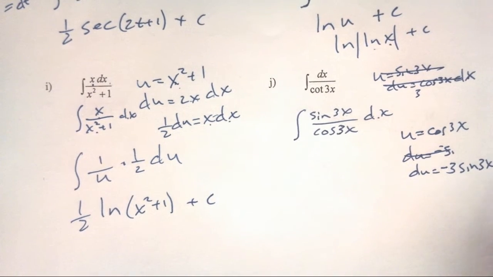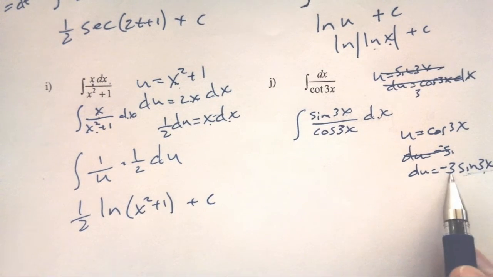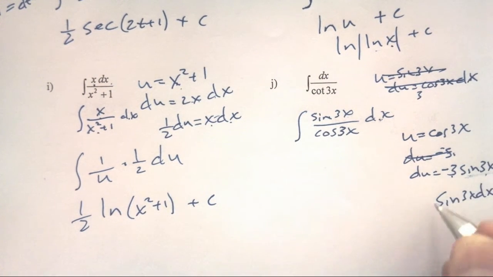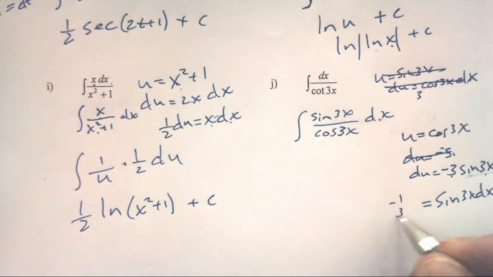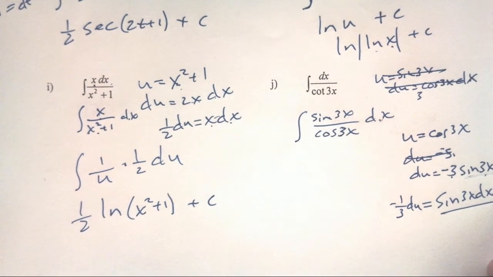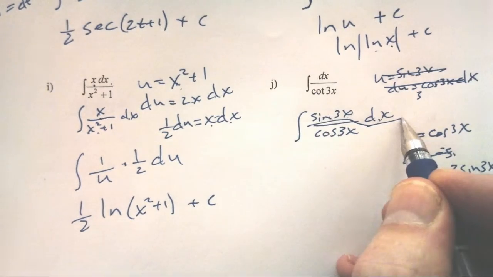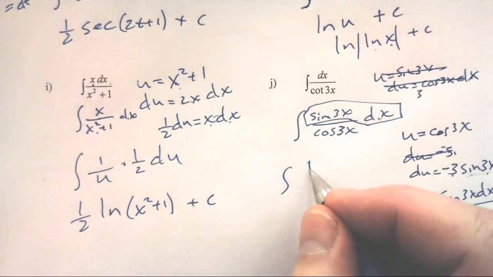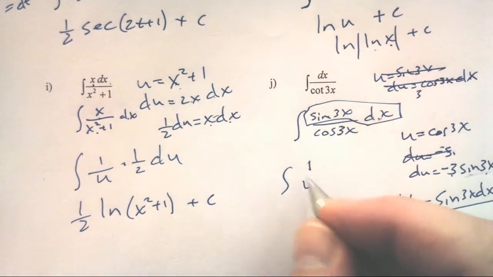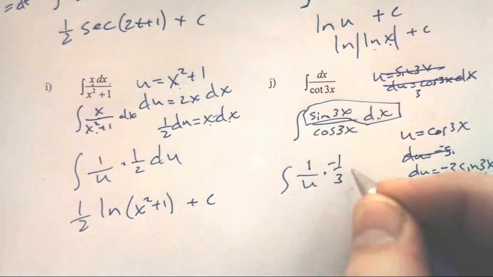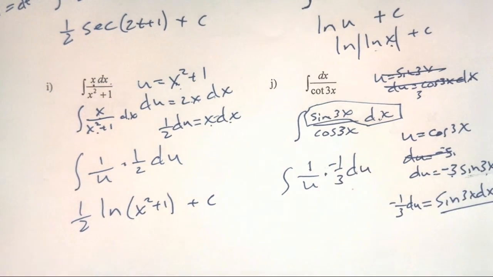What do I like? Sine of 3x dx, they're both on the same level. They're both numerators. I don't like the negative 3, so sine of 3x dx may be replaced by negative 1/3 du. See it? I love that guy. All that's left is 1 on u times negative 1/3 du.